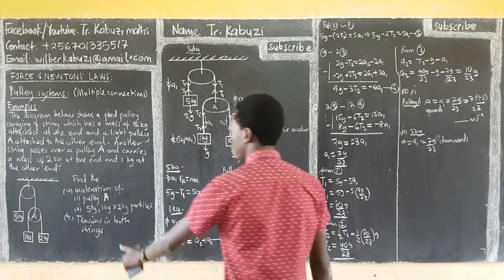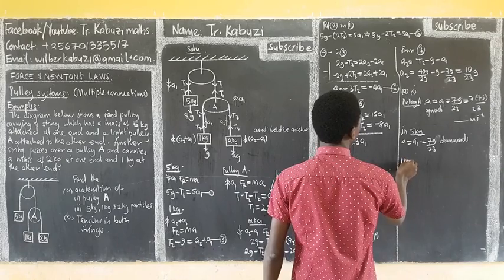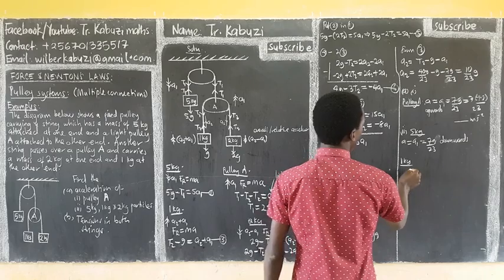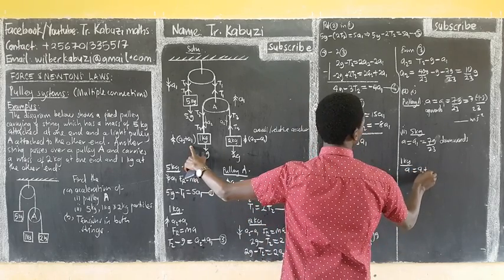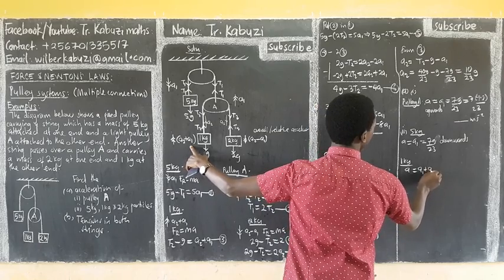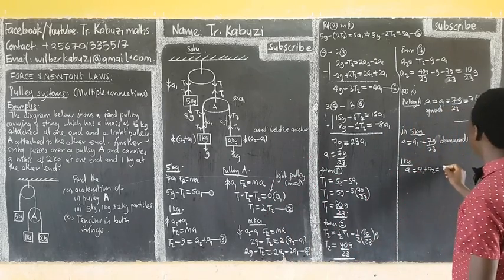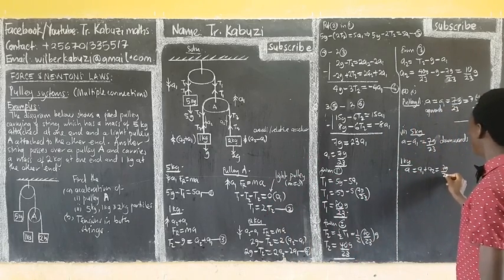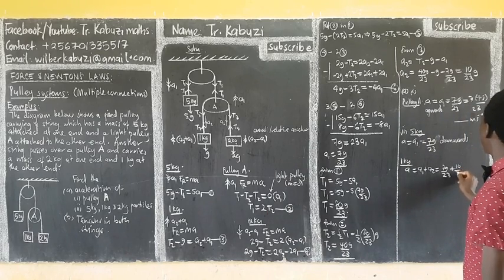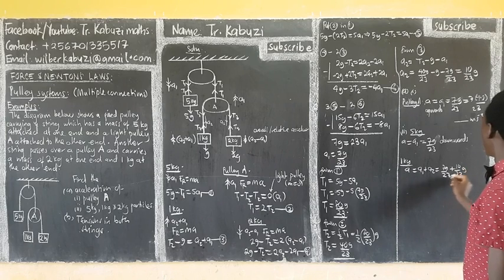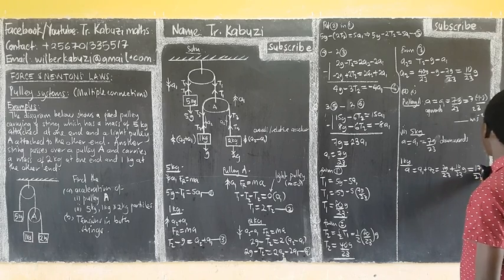Okay, so when you come to 1 kilogram, our acceleration was A1 plus A2. My A1 is 7g over 23 plus A2, 10 over 23 g, which will give us 17 over 23 g.